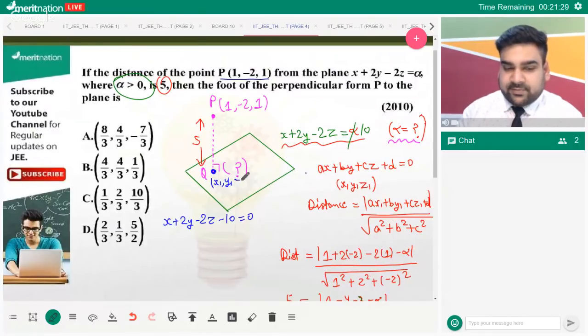x1, y1, z1. Let's say these are the coordinates of the foot of perpendicular. So the normal vector of this plane and the foot of perpendicular joined to this point P. If this is our normal vector, once again PQ is parallel to the normal vector.